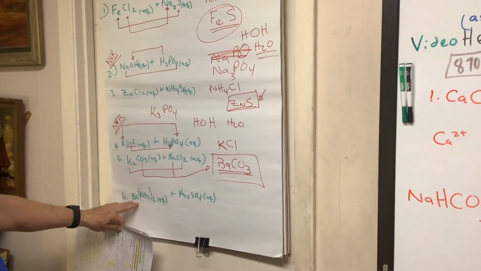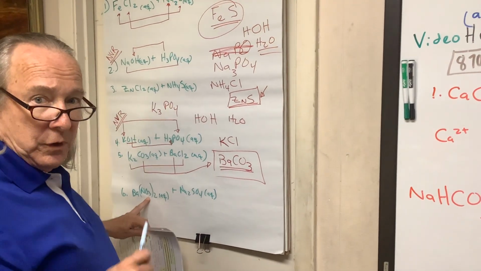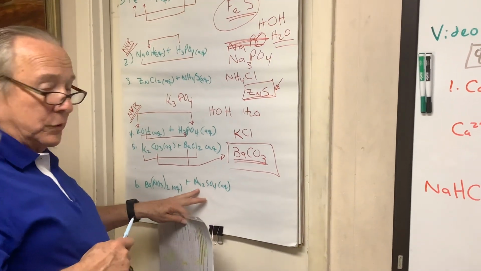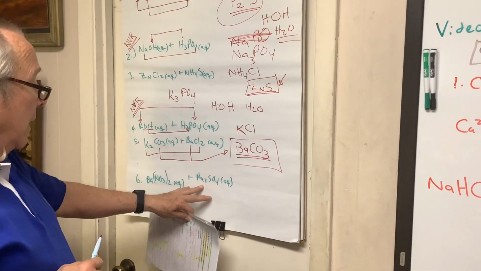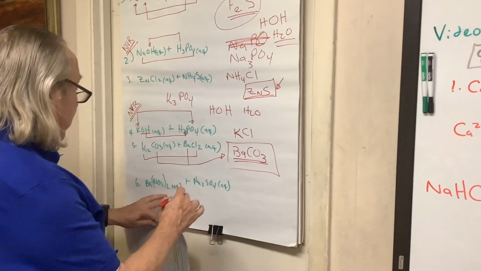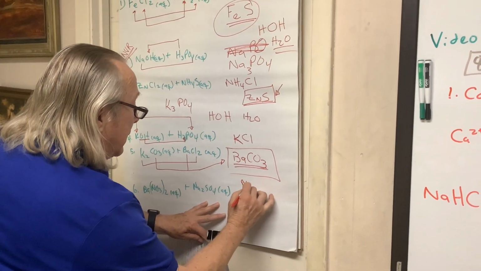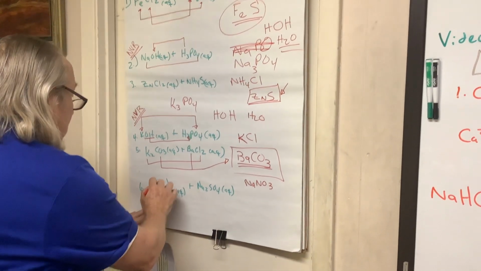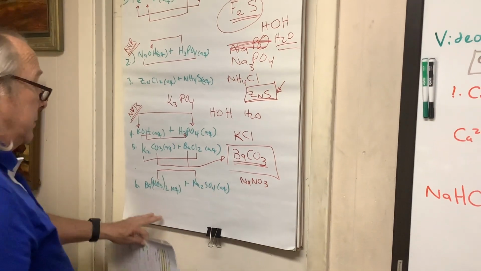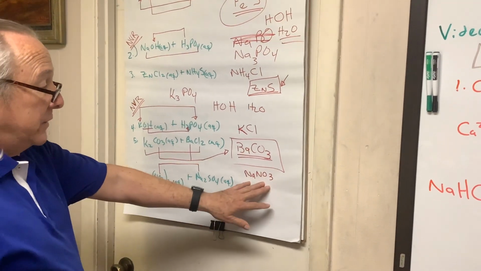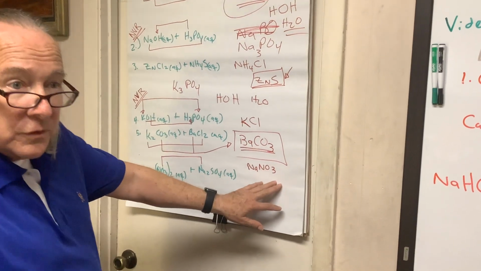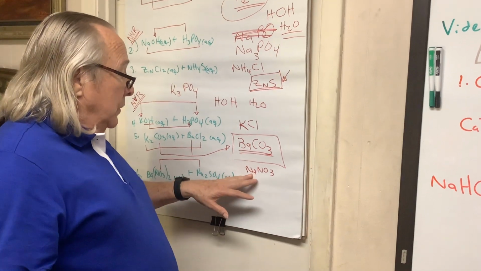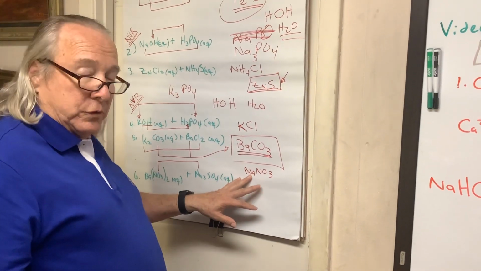And this last one, barium nitrate, all nitrate salts are soluble, and sodium sulfate, all group 1 metal salts are soluble, come together, and I'm going to form sodium nitrate. Not worried about balancing it. I'm just changing my dance partners. Nitrate and acetate salts are soluble. That's the rule I want to remember. Sodium, group 1 metal salts are soluble.